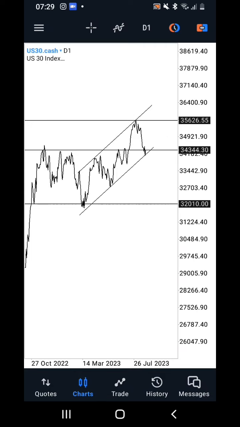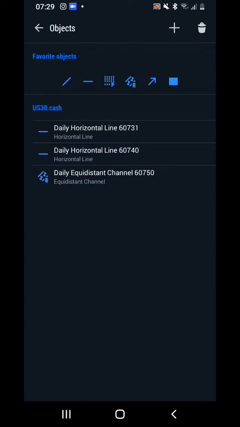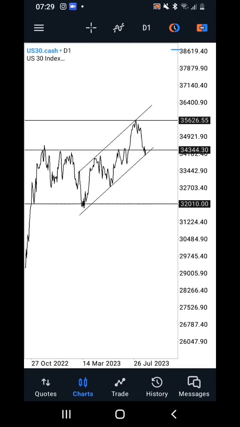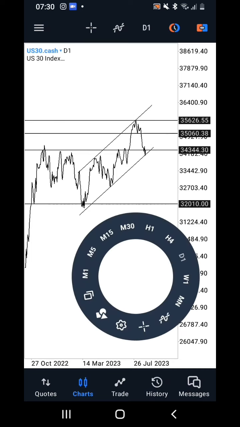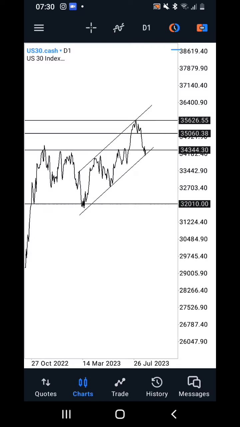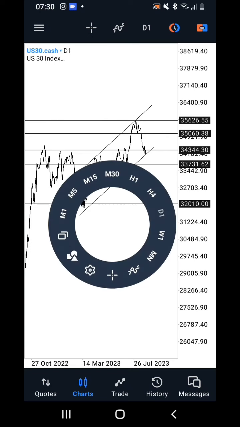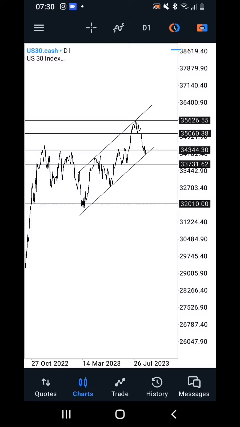As you can see, I've just inserted a resistance above the current market price, and then below I've inserted a support, which now indicates that I'll be trading within those zones. Since you can see that price is bouncing off the third touch on the equilateral channel, I will be looking for buys throughout the week.